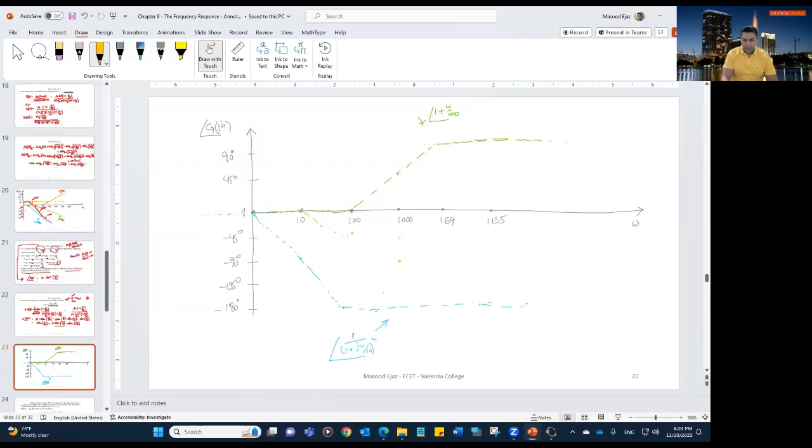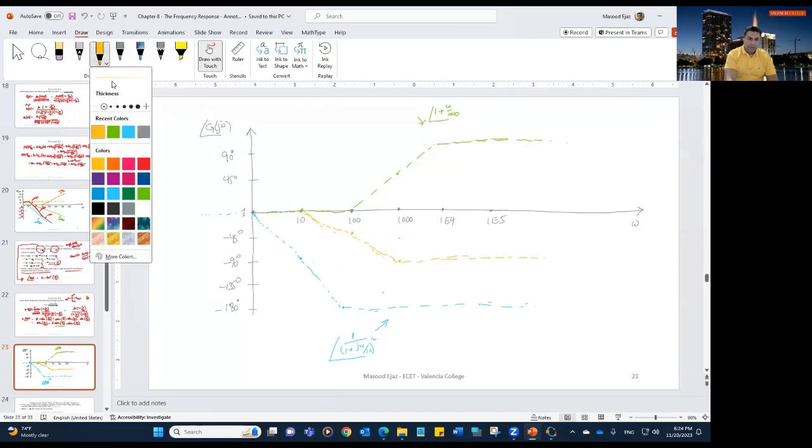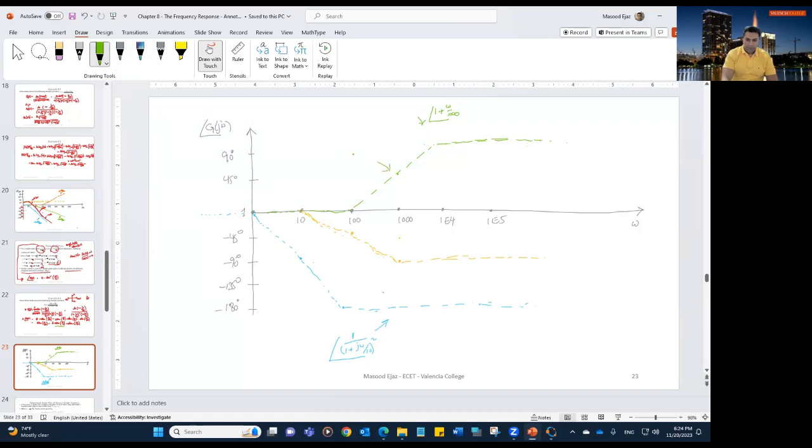Because you have a slope that is different than this. So if you show your slope, this is 45 degrees per decade slope.